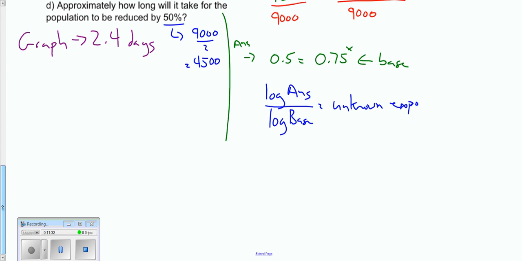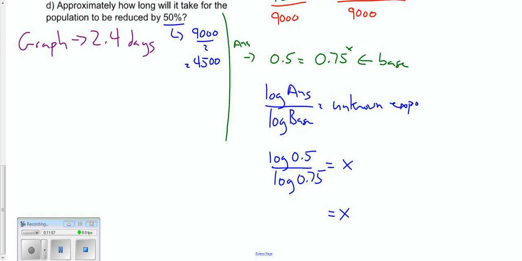So I'm going to substitute in my values. I know that my answer is 0.5. I know that my base is 0.75, and that's going to equal x, which is my unknown exponent. So on your calculator, there is a button called log.